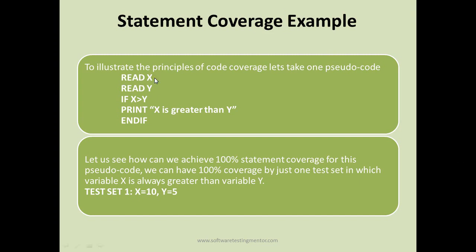It will read a value for x, read a value for y, come to the if line, execute it, print that x is greater than y, and then end. So all the lines of code will get exercised with just one test case, and you'll get 100% statement coverage in this scenario.